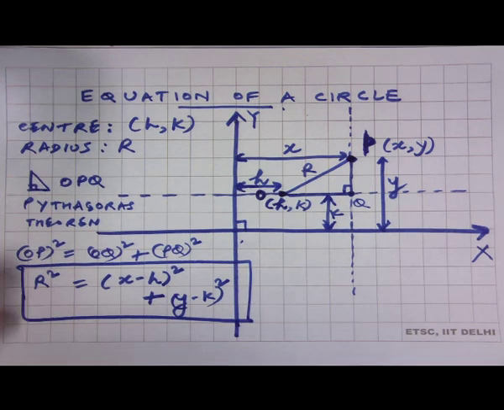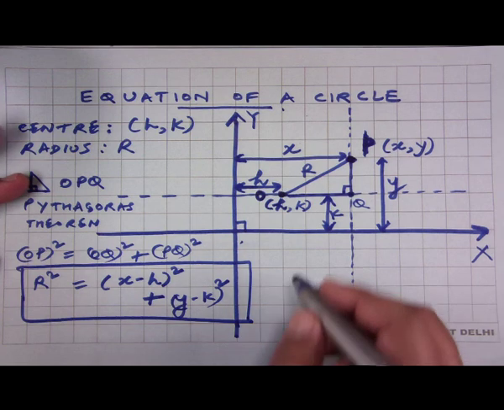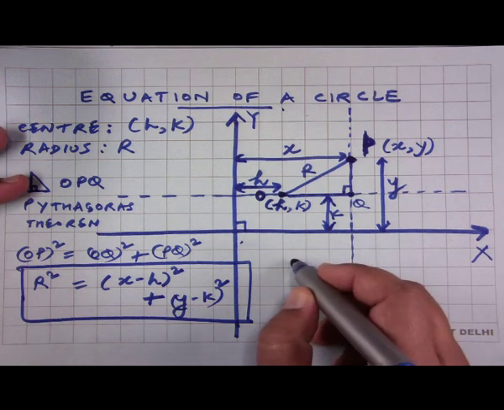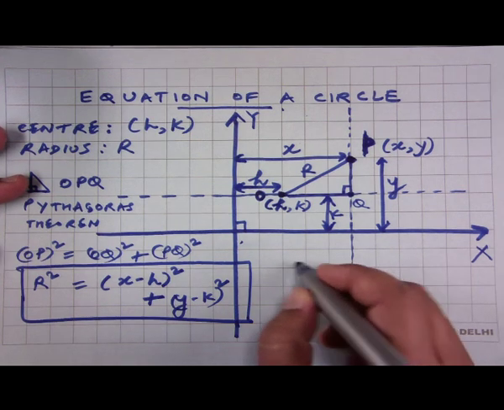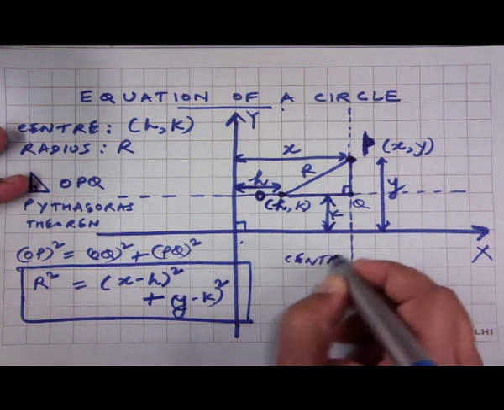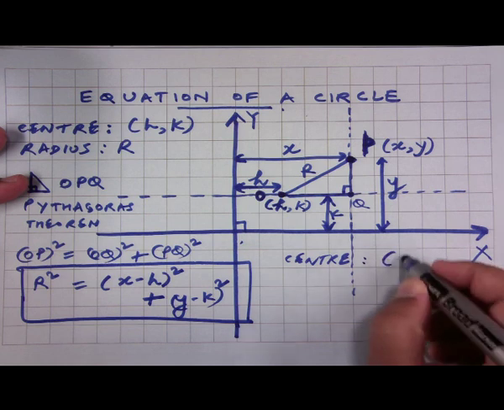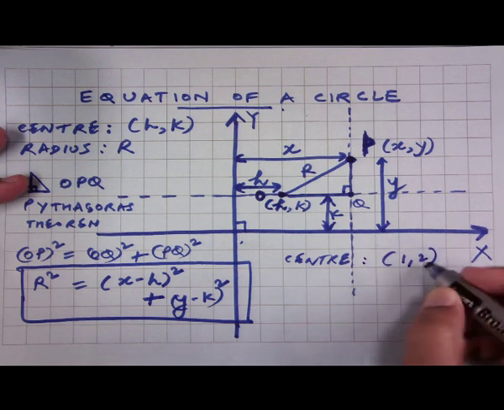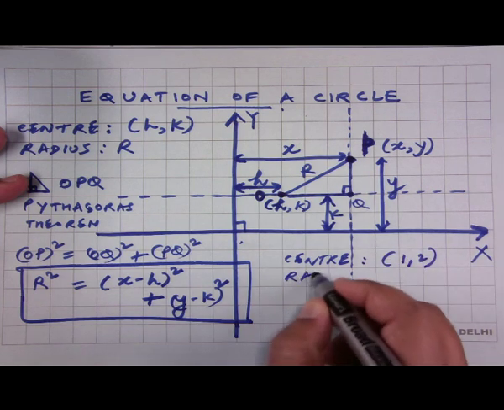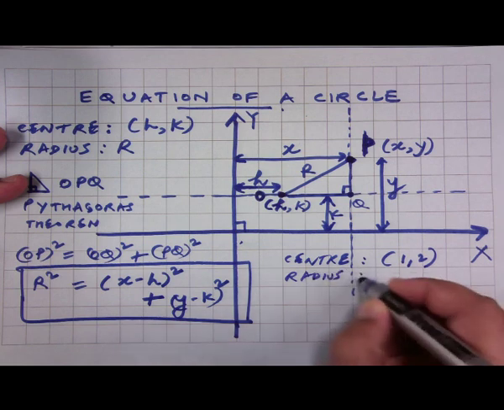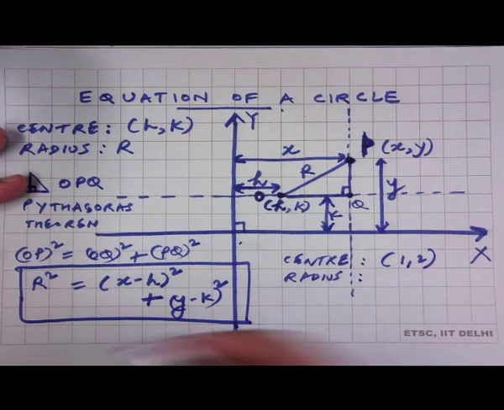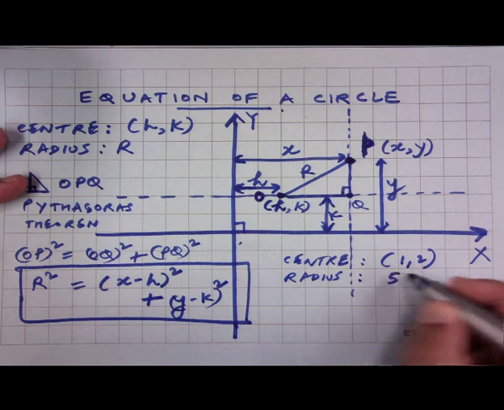For example, let us say that we have a circle whose center is the point 1, 2, and radius is 5 units.